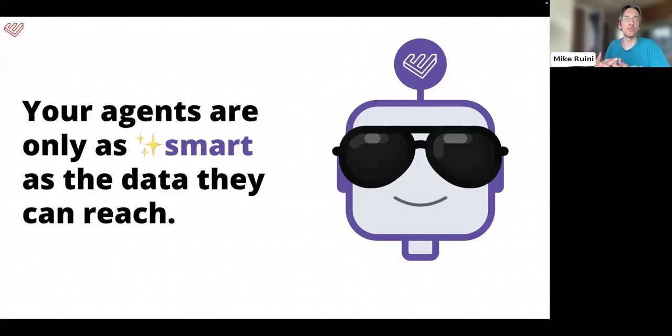But be mindful that those agents, in order to work, need access to data. They need access to good data. If they don't have data, they won't do the right job. So it's very relevant that you connect your agents to the right data to make them smarter, more capable, and more efficient in their jobs.